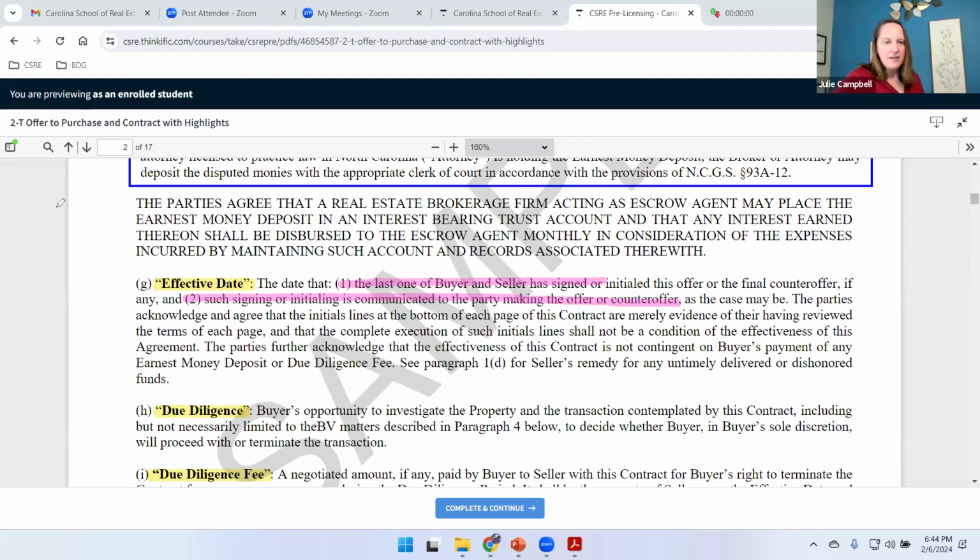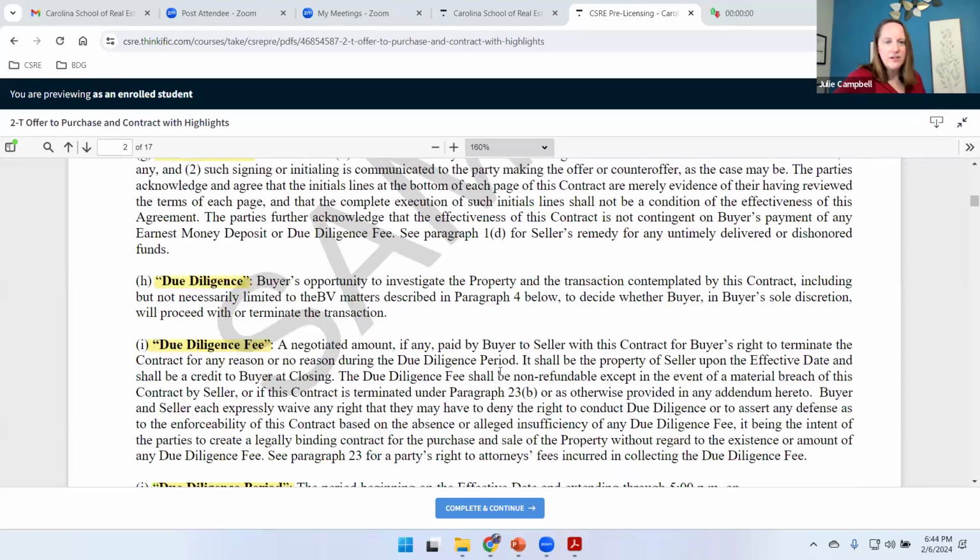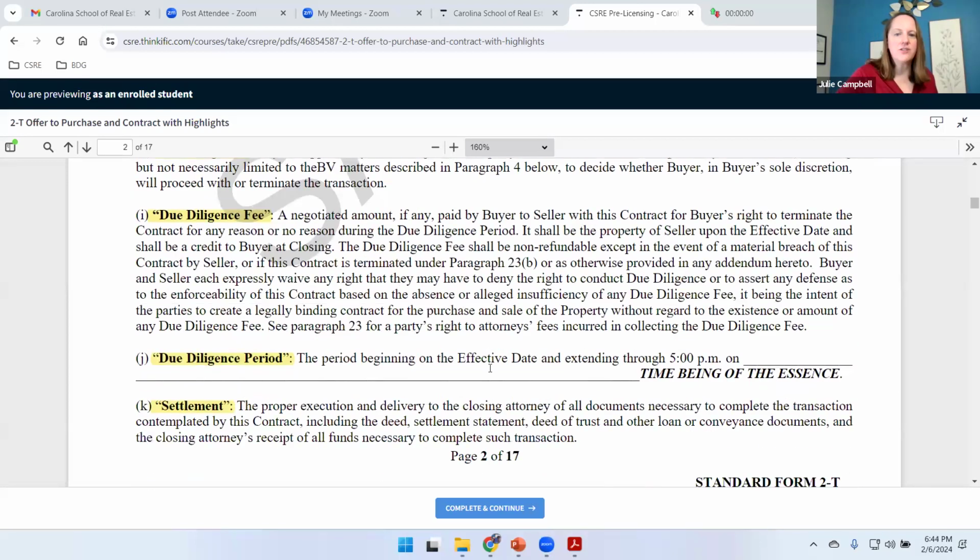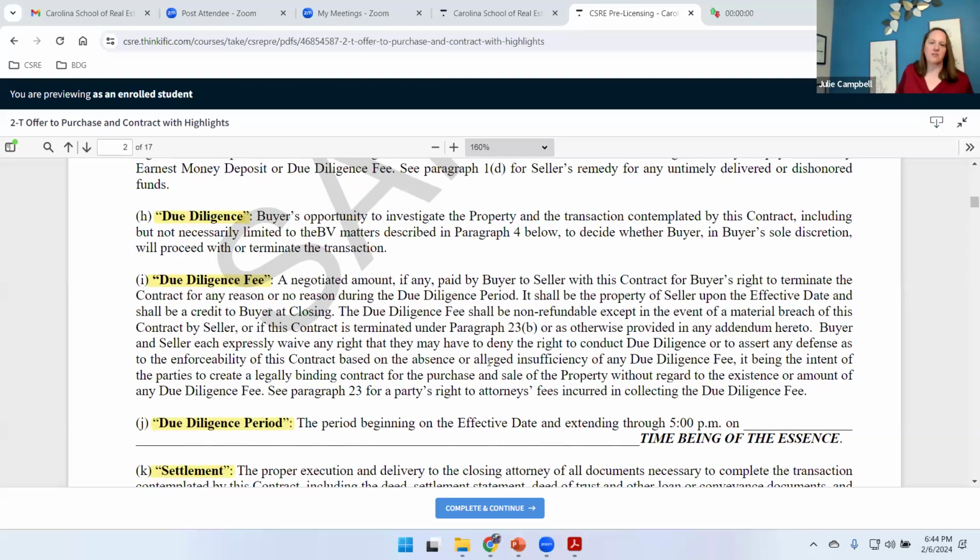Then, still defining things, we're going to define the due diligence fee and the due diligence period. So let's break these down. Due diligence is the buyer's opportunity to investigate the property, including, but not limited to paragraph 4 below, which we'll see, to decide whether the buyer, in the buyer's sole discretion, will proceed with or terminate this transaction.